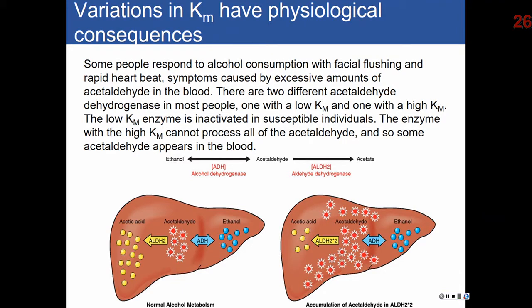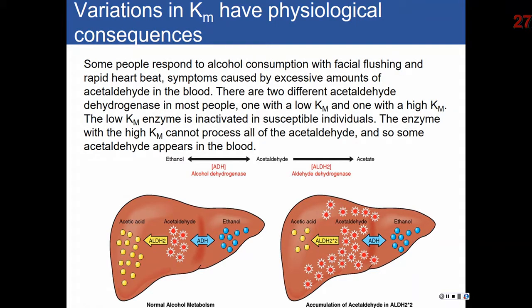The low Km enzyme is inactivated in susceptible individuals, so they don't have that fast enzyme. The enzyme with the high Km can't process all the acetaldehyde, so some of it appears in the blood. And that's why you see that.